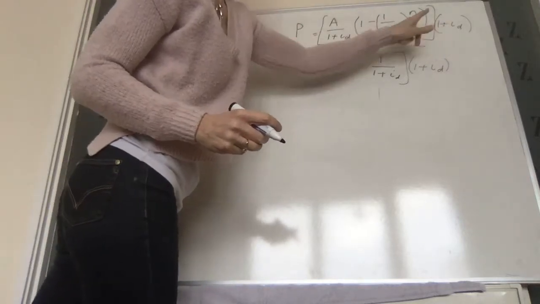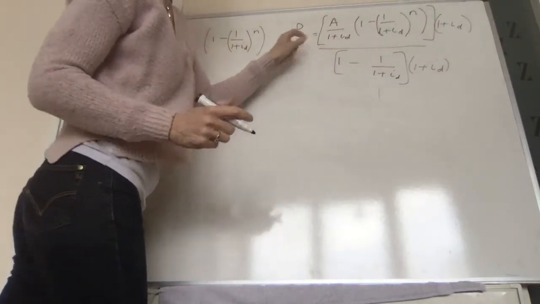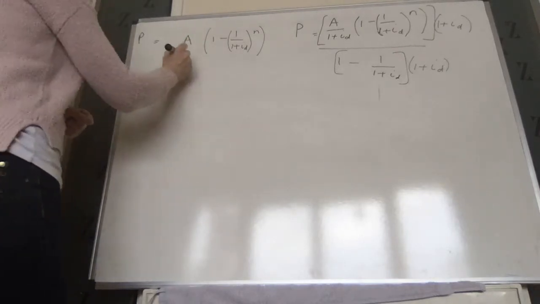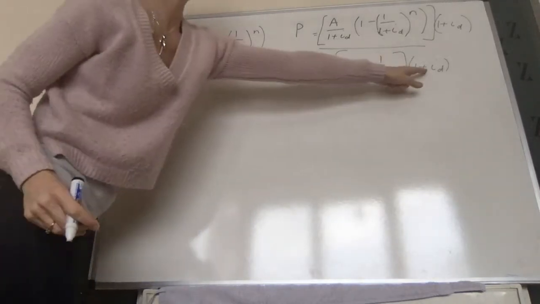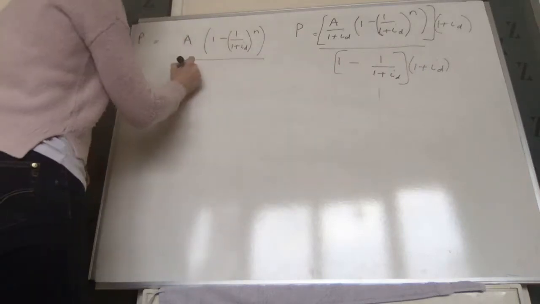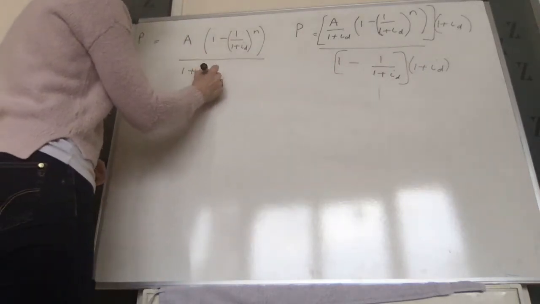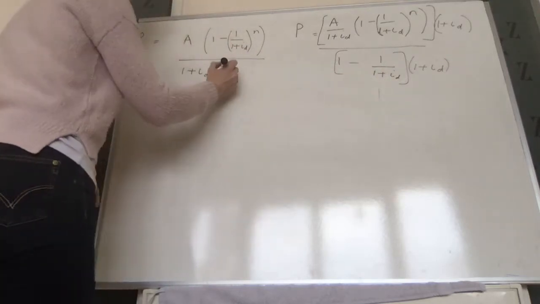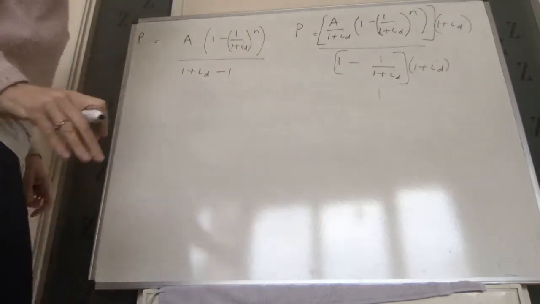So 1 plus I times A over 1 plus I will just give us A. Over, now 1 plus I times 1 is 1 plus I. And 1 plus I times minus 1 over 1 plus I is just minus 1. Okay?